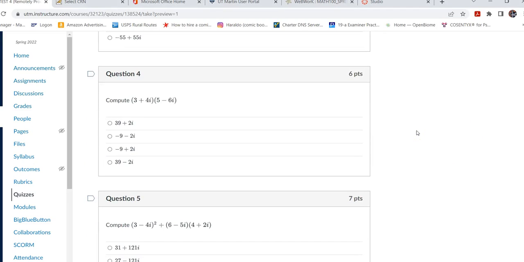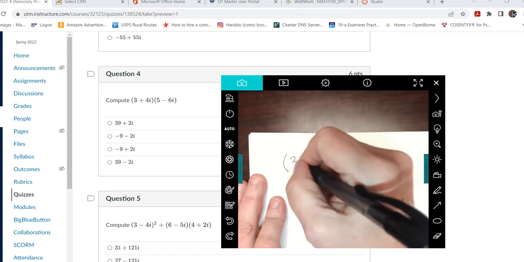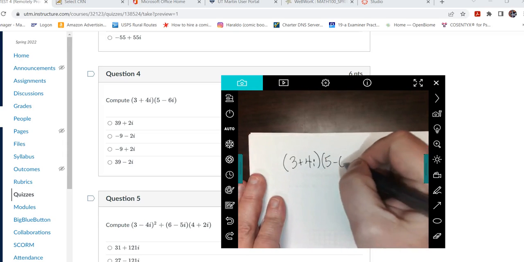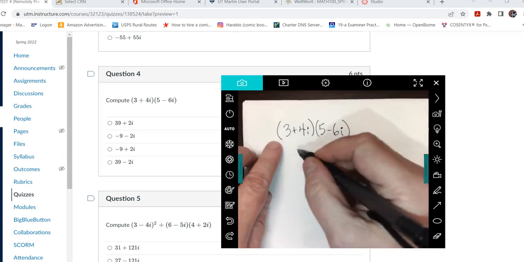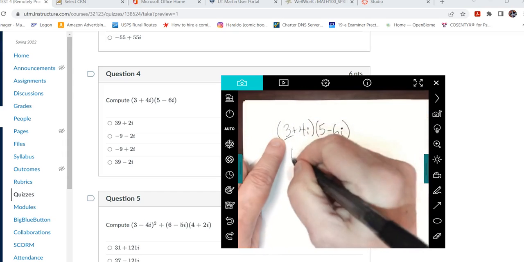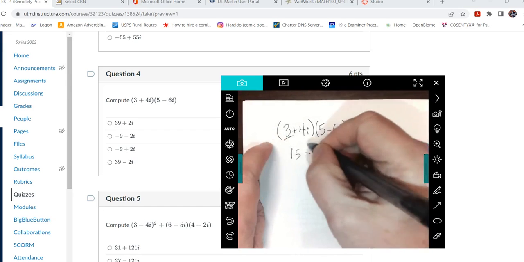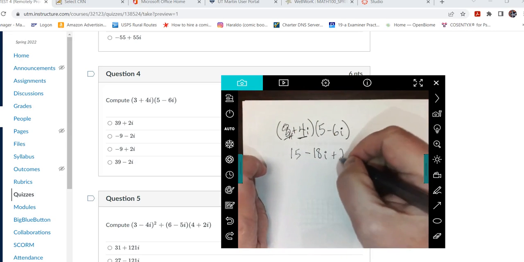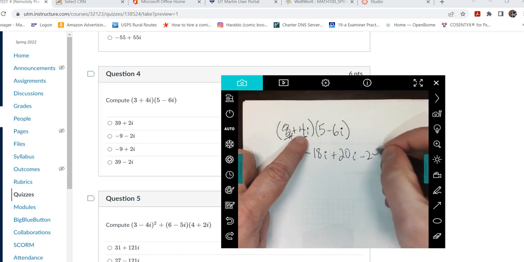All right, let's look at the next one. If I'm going to FOIL this, I get 15 minus 18i. And then I'm going to have plus 20i. And then minus 24.